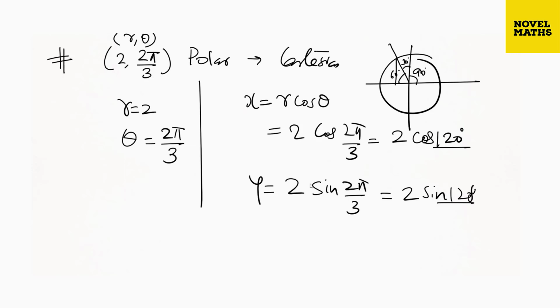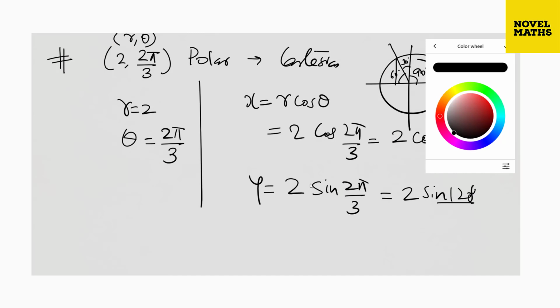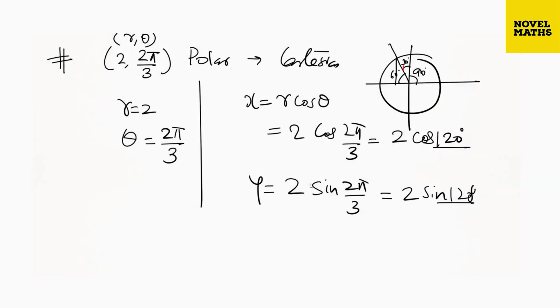In any 30, 60, 90 triangle, you know the lengths: if this is 1, this will be 1/2, and this will be root 3 over 2, right? You can use a 30, 60, 90 triangle to make that. This is 60, this is 60, with sides 1 and 1, so this will be 1/2, and if this is 1, this will obviously be root 3 over 2. If you know these basics, it's good.